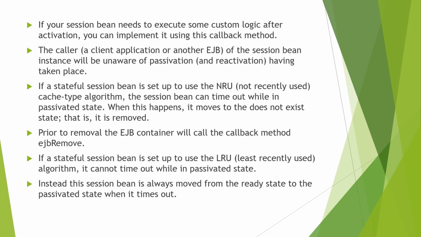If your session bean needs to execute some custom logic after activation, you can implement it using this callback method. The caller, a client application or another EJB, will be unaware of passivation and reactivation having taken place.